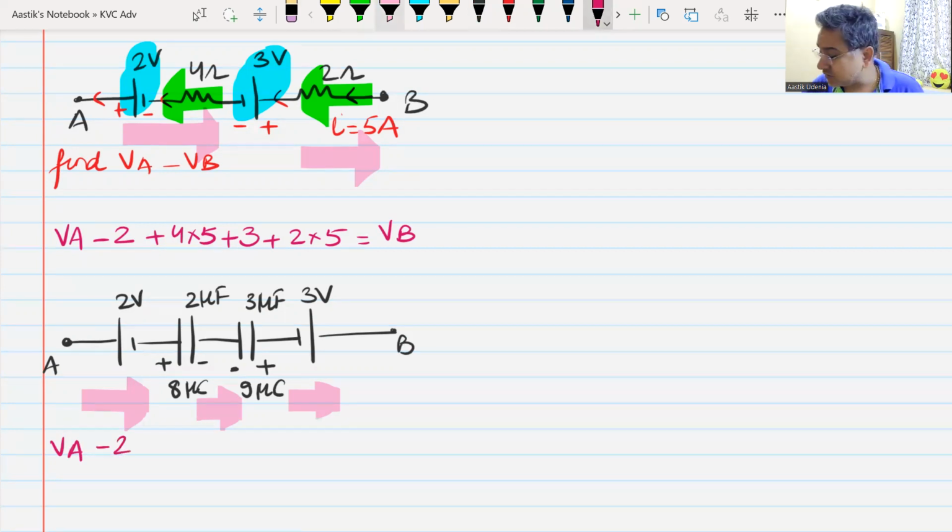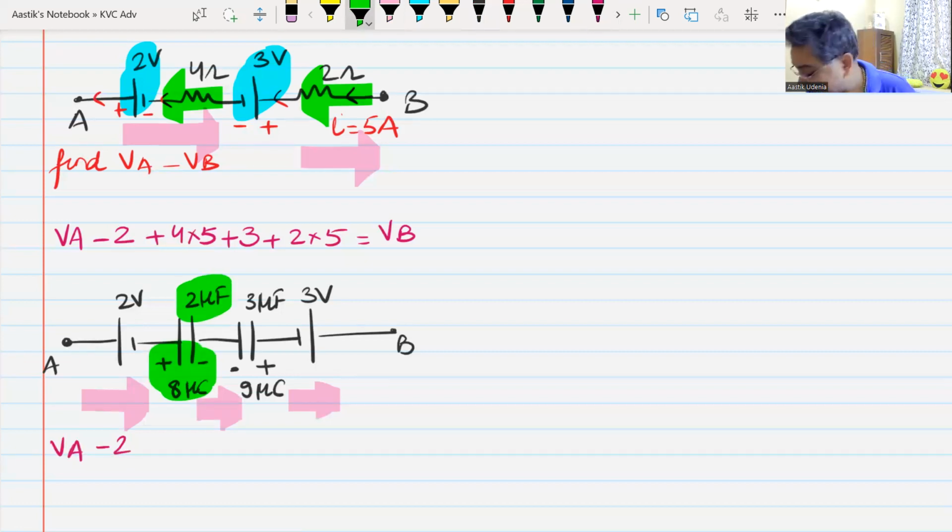Then I move across this green capacitor. Rise or drop? Drop, sir. How much? 4. Drop means negative, so -4. Are we able to understand? Yes, sir. Then I move across this. Rise or drop? Rise, sir. How much rise? 3.